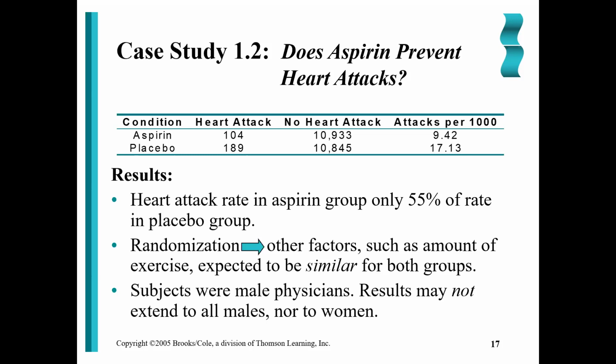And then you're not ruling out other factors that could influence whether you have a heart attack or not, because it may not be aspirin. It could be your diet, could be exercise, could be your age. So observational studies, if you don't design them correctly, or even in most cases, you can't rule out other factors. You could try, but it's going to be hard. In an experiment, through randomization, you can rule out other factors.